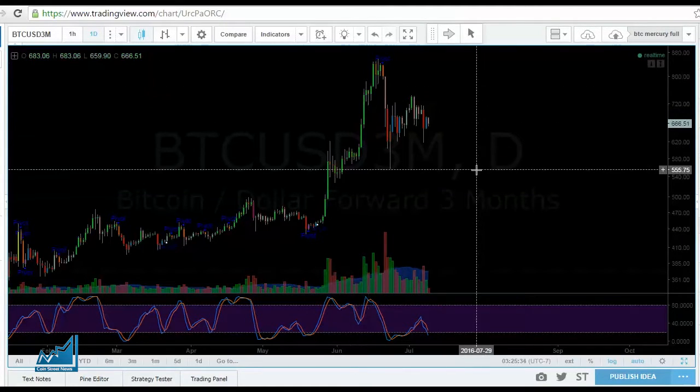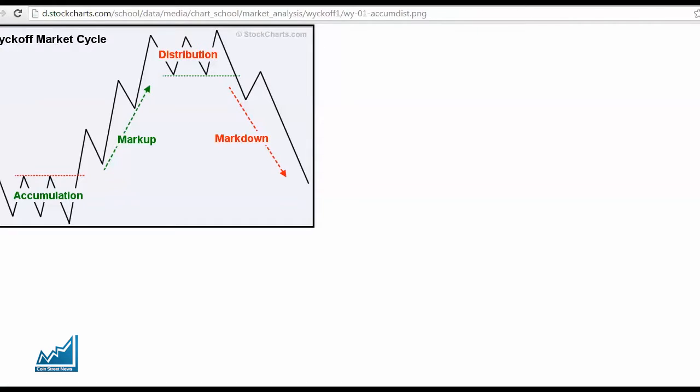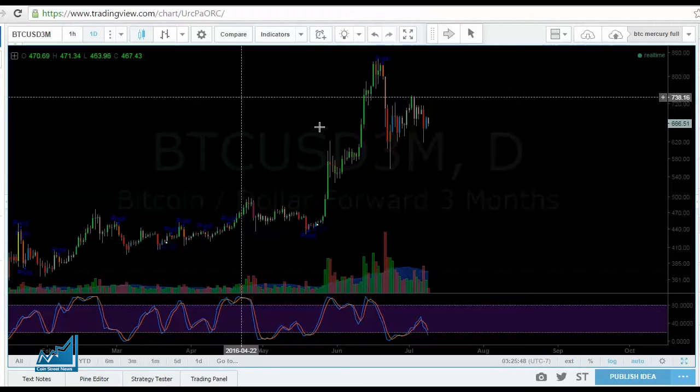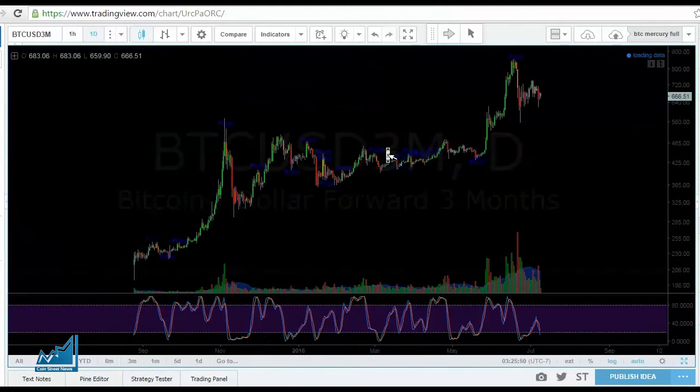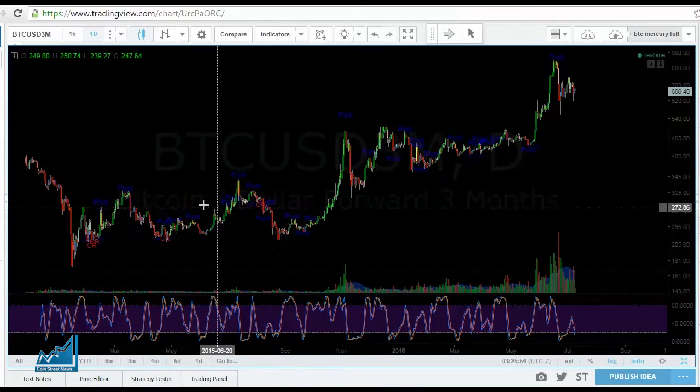So can it keep going down more? It certainly could, because we know that these markups and corrections can be quite deep, but it's still going to make this kind of pattern back up.